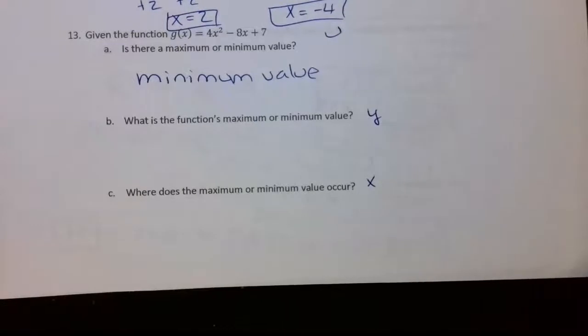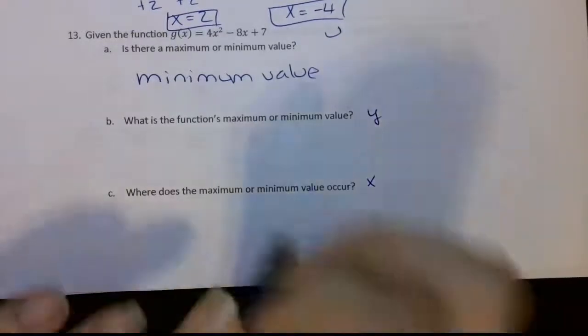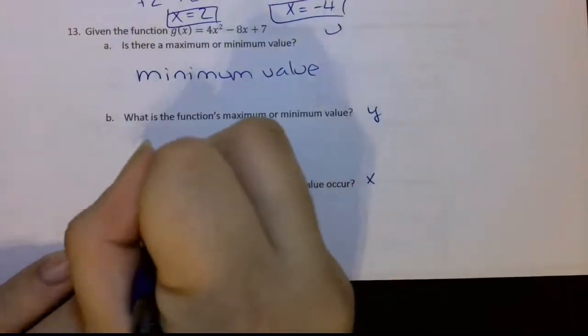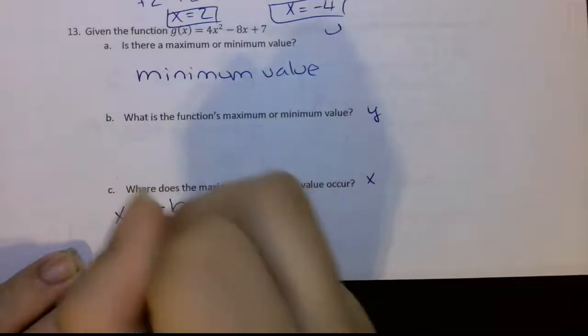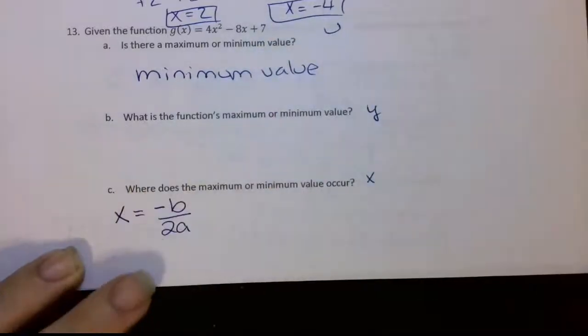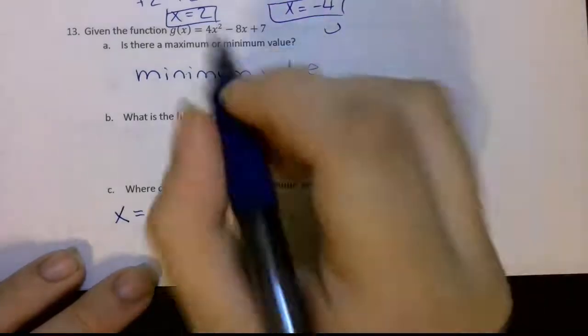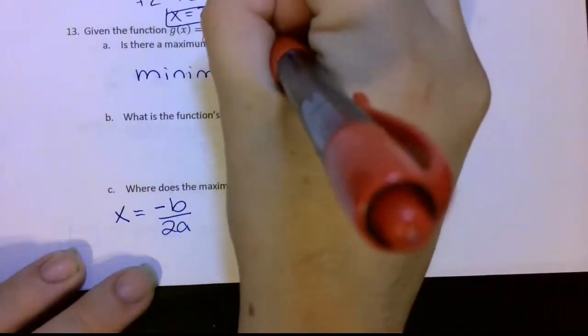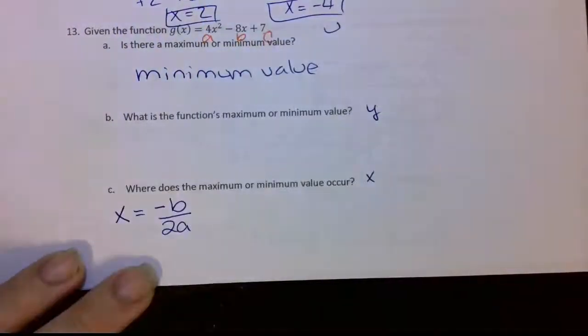What I'm going to do is solve for C first and then go back and find B. Remember to find the maximum or minimum value, for the x value, x equals negative b over 2a. It's going to give me the x coordinate of my vertex. If I look back at my function, 4 is a, negative 8 is b, and 7 is c.